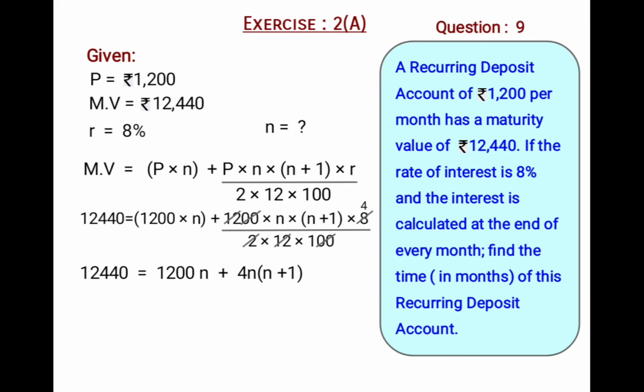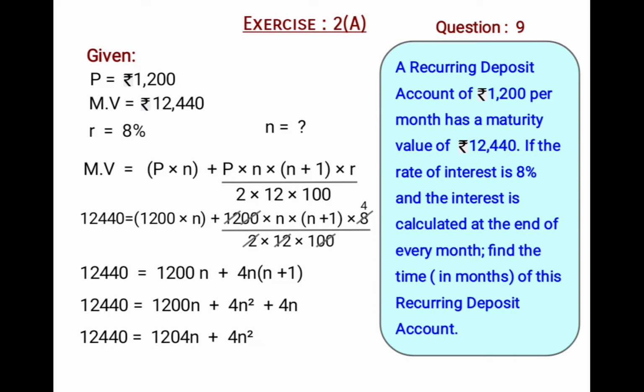So 12,440 is equal to 1200 N plus 4N into N, 4N square, 4N into 1, 4N. Now I am going to add like terms, that is 1200 N plus 4N. 12,440 is equal to 1204 N plus 4N square.